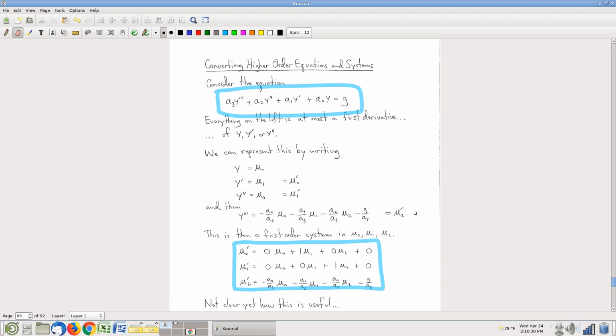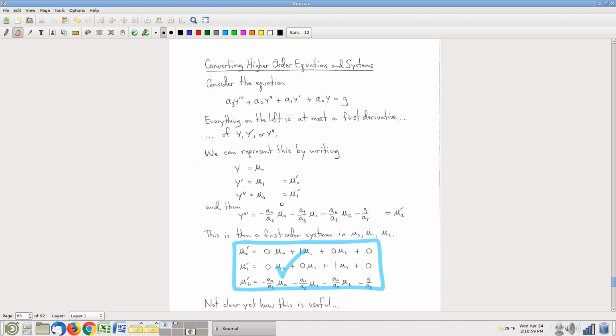So, specifically then, if you find a solution to that system, right, then y, namely the first component of that solution vector, that's a solution to this equation. That's all I'm saying. Okay, everybody good so far?